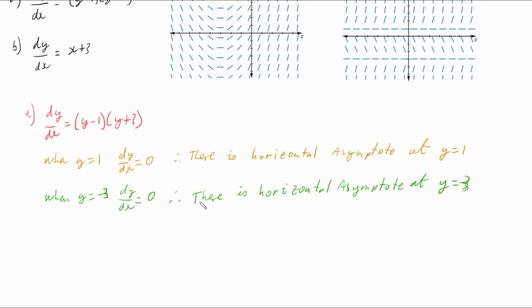So we also want to think about what happens on either side of these asymptotes. Let's do the bottom, below y equals negative 3, so y is less than negative 3. What's going to happen to our slope, to dy dx?